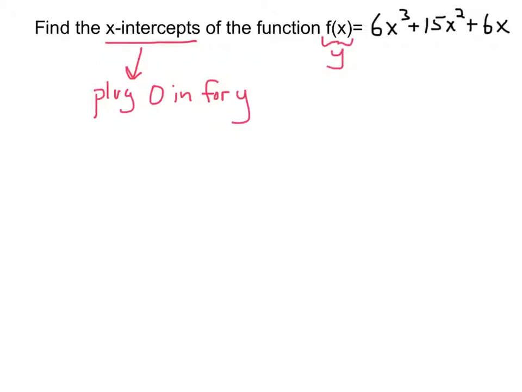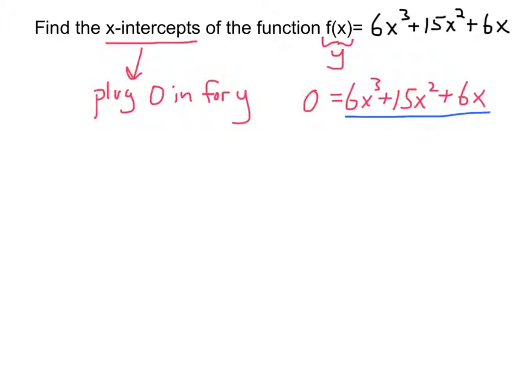So you'd plug a 0 in for f of x, which would give you 0 equals 6x cubed plus 15x squared plus 6x. So that is a polynomial equation. And you've already got it equal to 0, so that step is done.